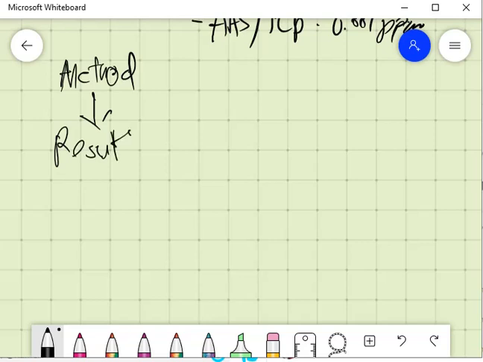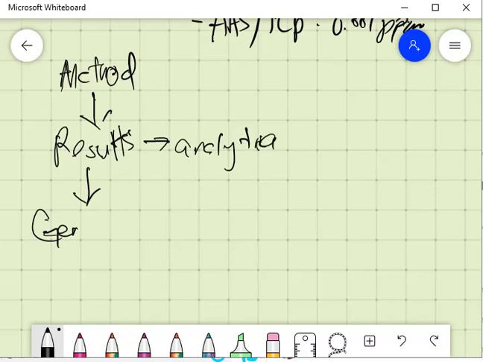Now, when the results are complete, they have to be translated to the general public, because these results only the scientific community could understand. They could not be understood by the general public.